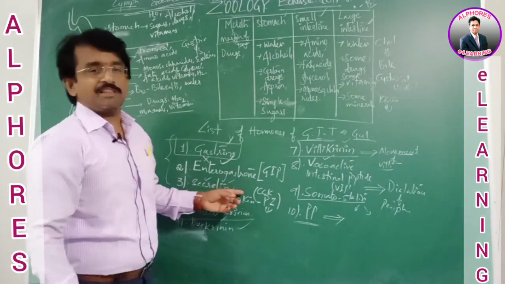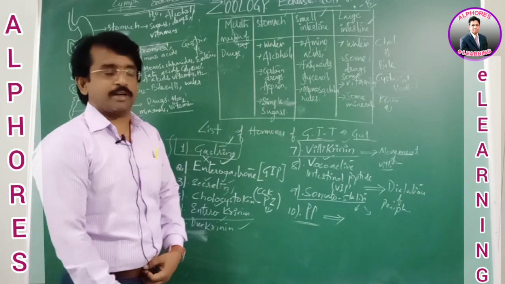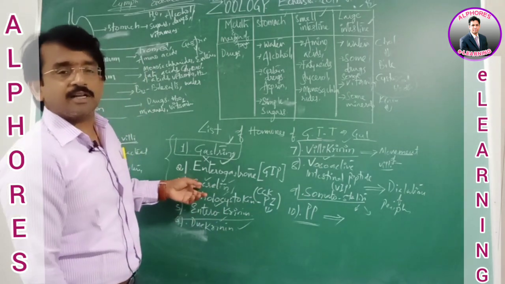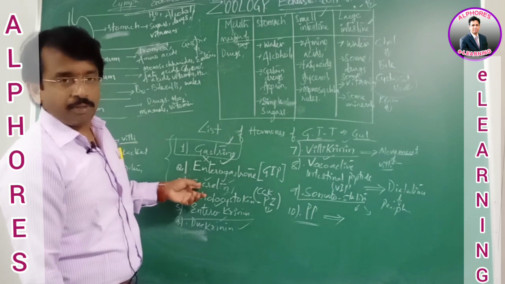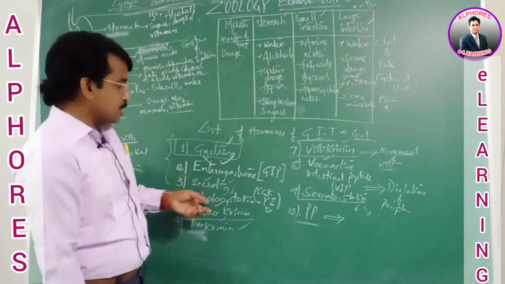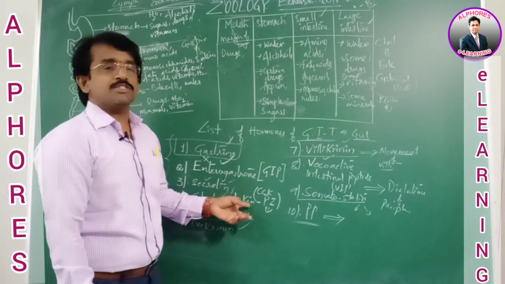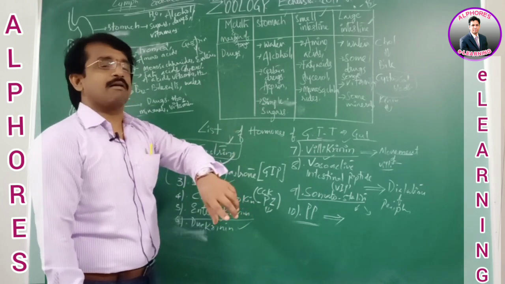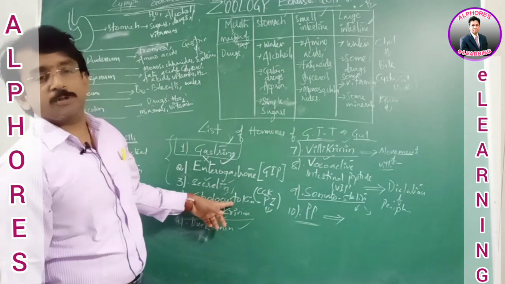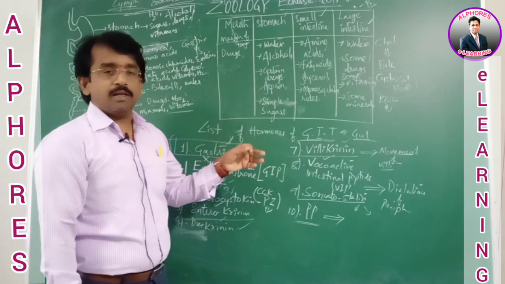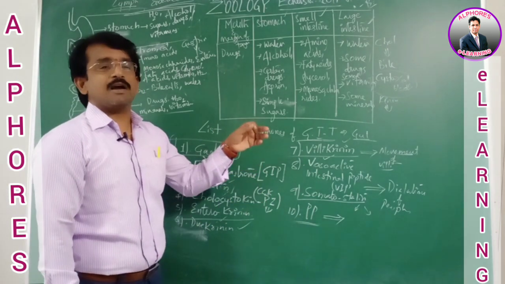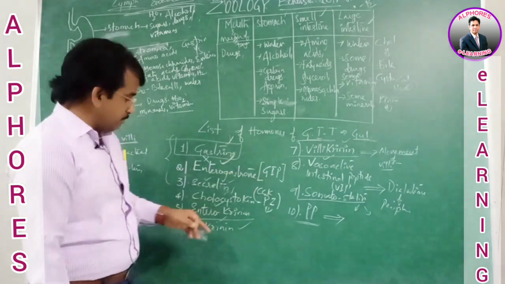Next, secretin, the first hormone to be discovered by scientists. Secretin is for the release of the bicarbonates in the pancreatic juice. Next, cholecystokinin is for the bile juice release as well as pancreatic juice release. Chole is bile, cysto is a sac or bladder, and kinin is release.